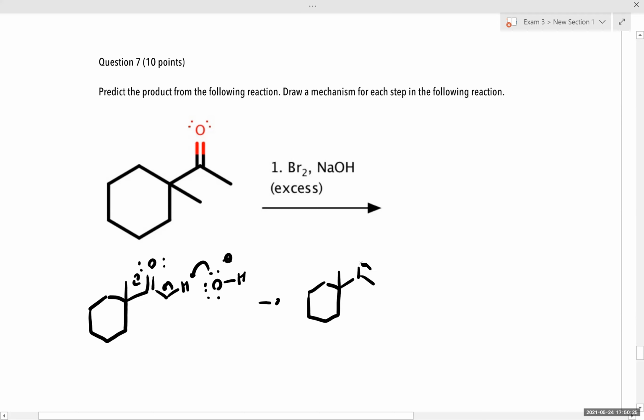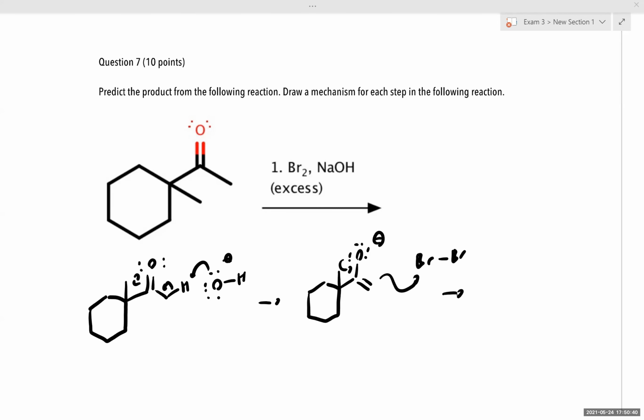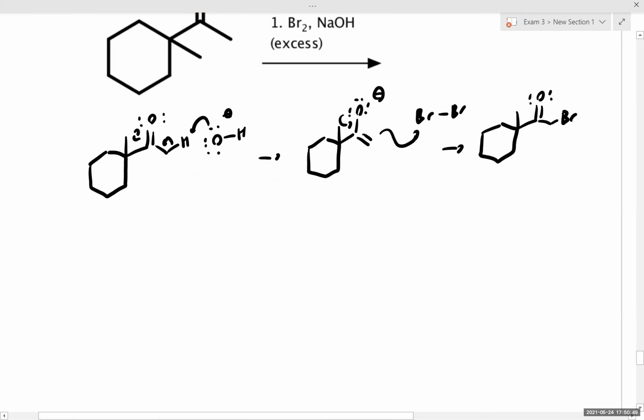From here, now that we have an enolate, that enolate will attack our electrophile, which in this case is bromine. And we're going to generate our alpha bromo ketone. We are then going to repeat these steps of deprotonation and bromination a total of 3 times.